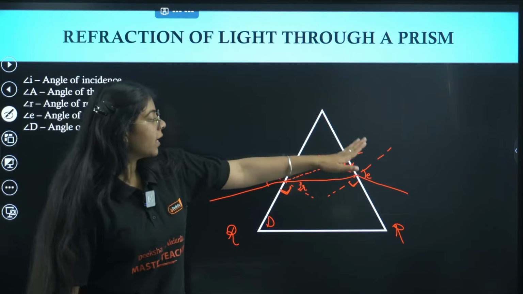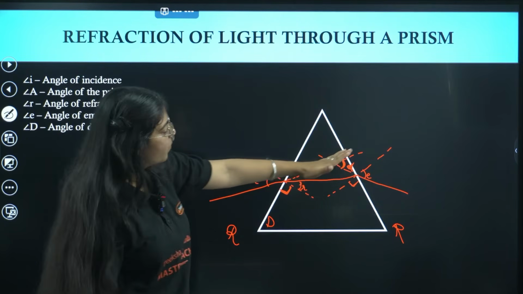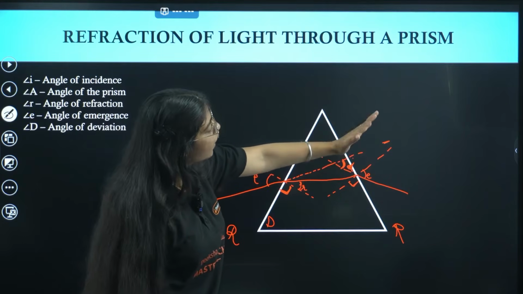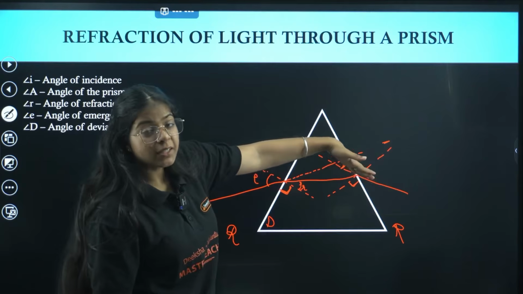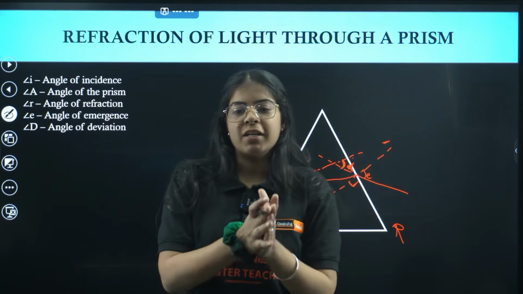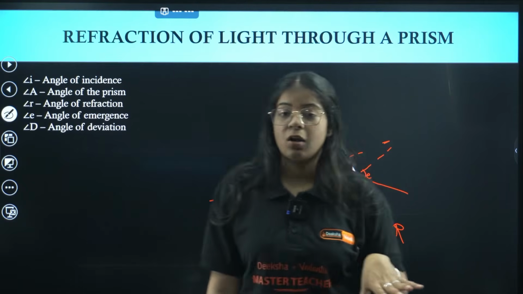How much the incident ray got deviated: it should have gone like this, but it's going like this. So the angle at which the incident ray got deviated from its original path is denoted by the angle of deviation. This is the angle of emergence, angle of refraction, angle of incidence.